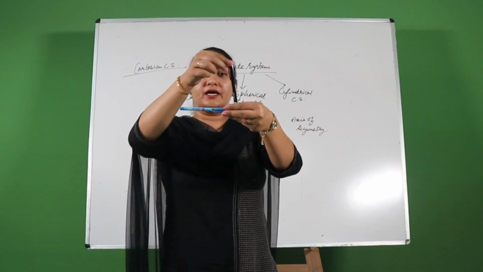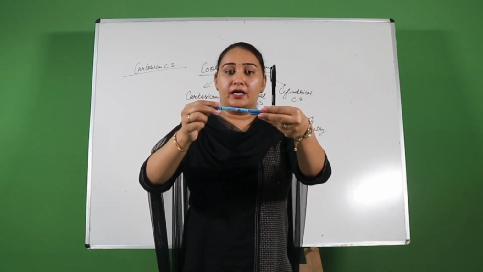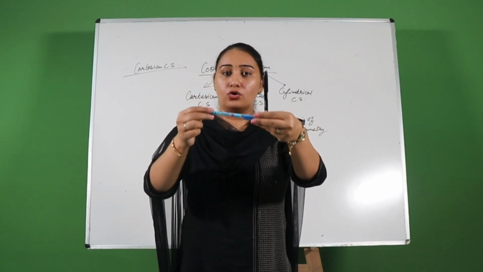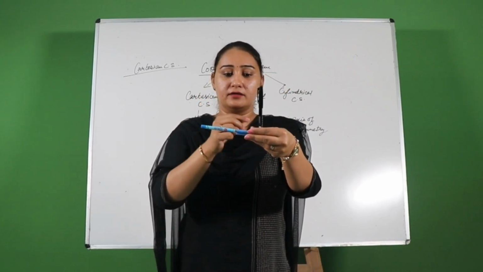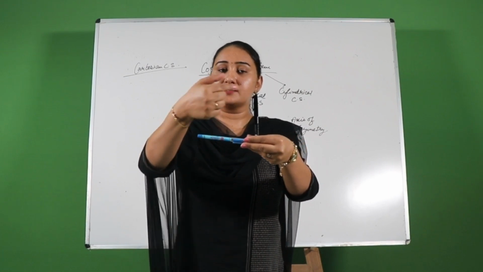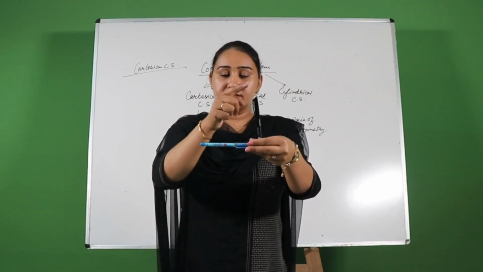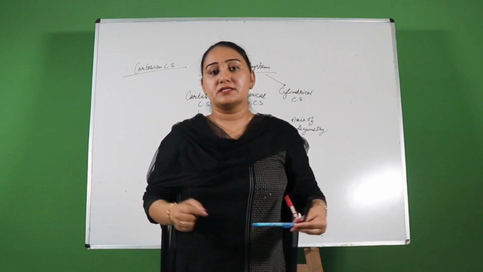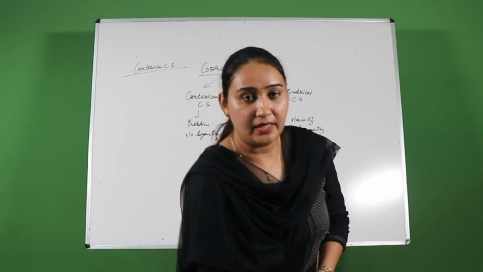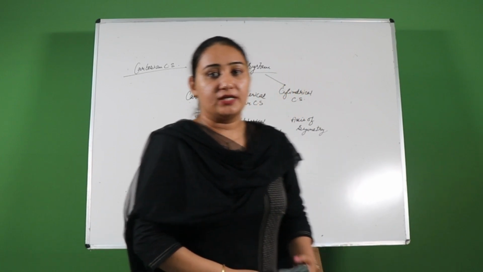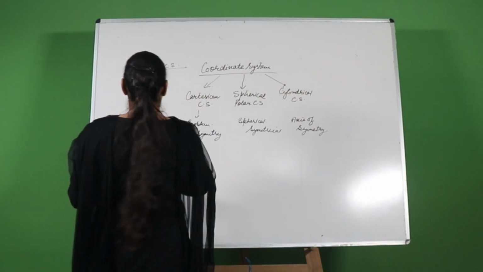So all the three coordinates are perpendicular to each other. No matter which one I call x, y or z. This can be x, this can be y, this can be z, or this can be x, this can be y, this can be z. But the thumb rule is all these three coordinates should be perpendicular to each other and they should have a common origin.